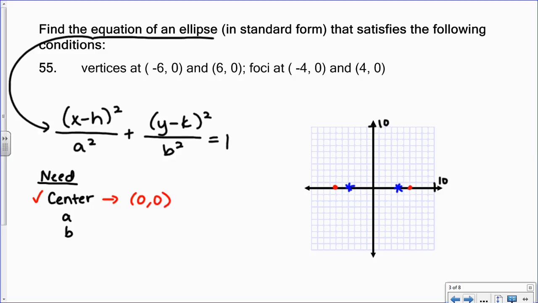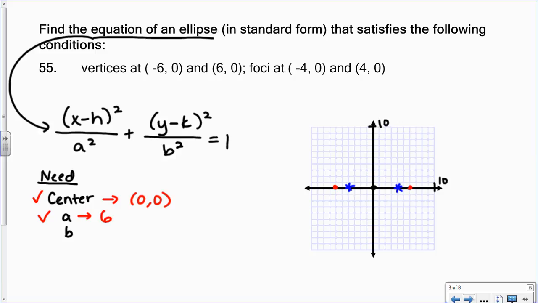Do I know A? So A is the horizontal distance. I know my center's here. So do I know A? Yes. A is 6.